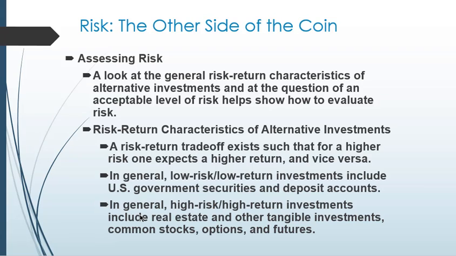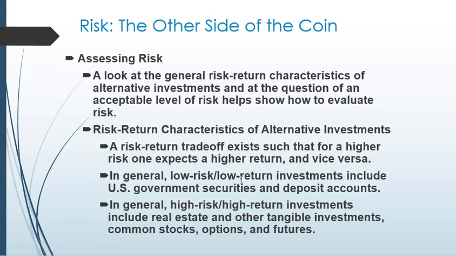So if we want to assess risk, right, we need to look at the general characteristics of some alternative investments. We need to have some way to make comparisons, right? So the risk-return characteristics of alternative investments: we know that there's a risk-return trade-off. For higher risk, one expects higher returns.